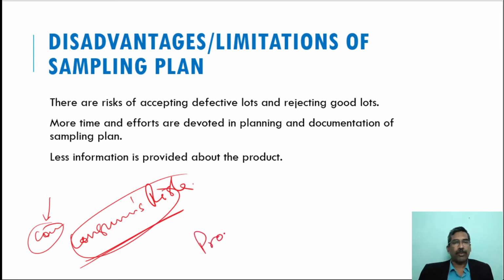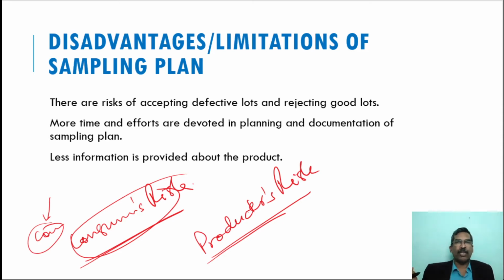There may be a probability that a good lot may be rejected, because this is based on the number of defectives in the sample. For example, suppose the lot size is 5,000 items and we take 100 items as a sample. We check this sample and say that if the number of defectives is equal to or less than 2, then the lot will be accepted, otherwise the lot will be rejected.